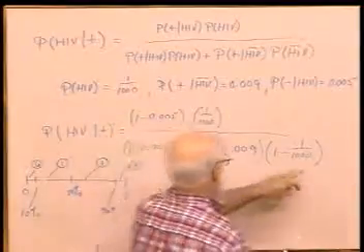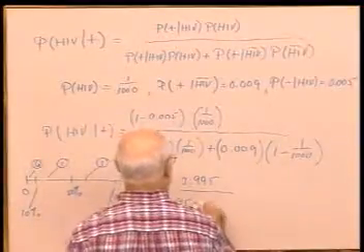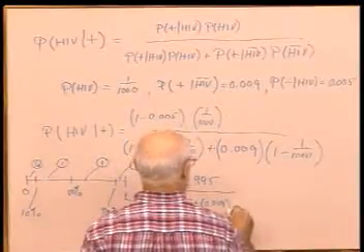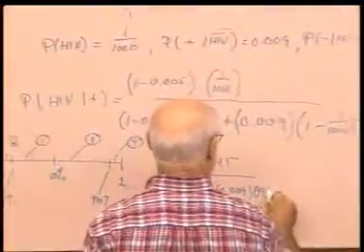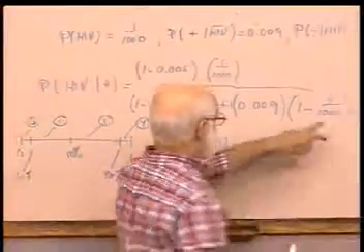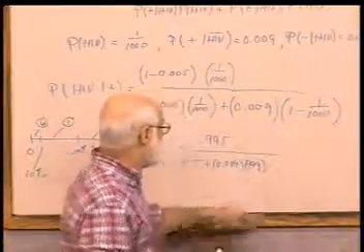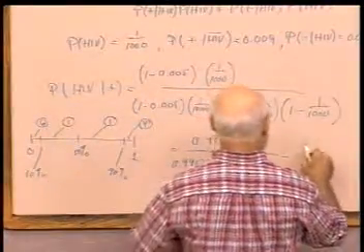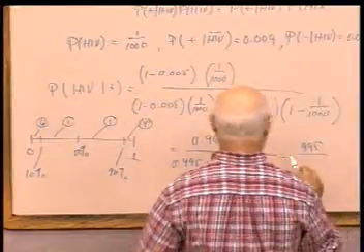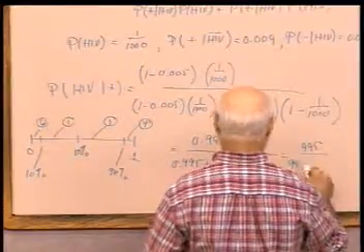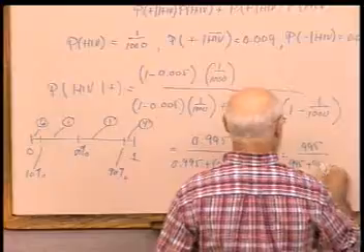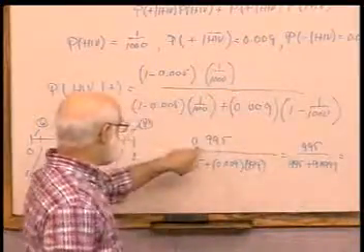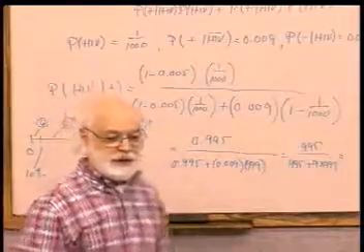When I multiply by 1,000, then this would be plus 0.009 times 999, because when I multiply this by 1,000, it becomes 1,000 minus 1, or 999. Then I'll multiply by 1,000 again, so I'll make it 995 divided by 995 plus 9 times 999. All I did was move the decimal point 3 places to the right in each of those cases.